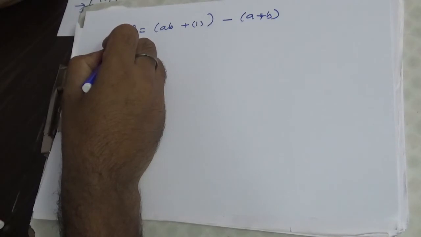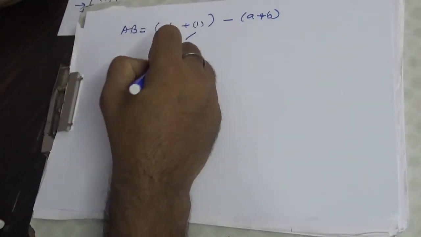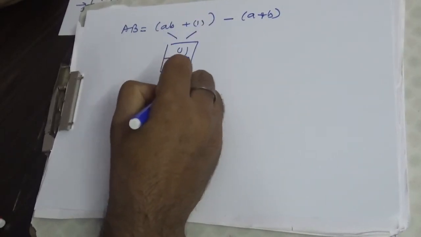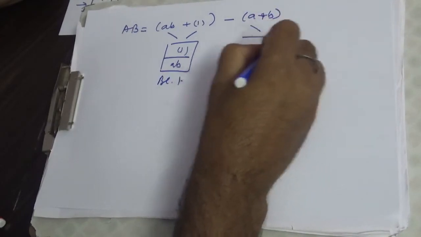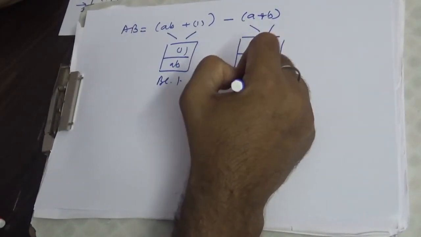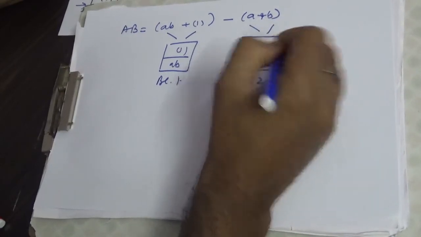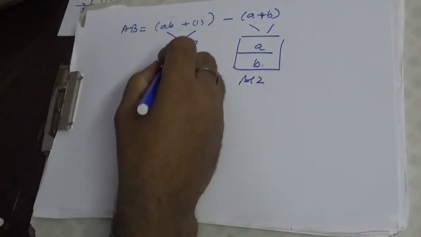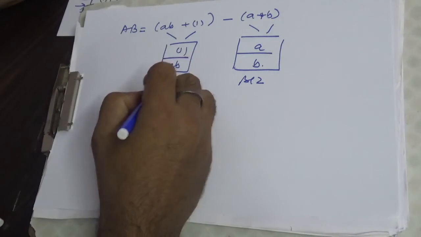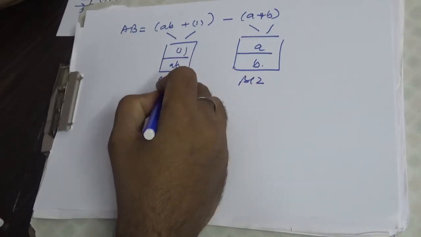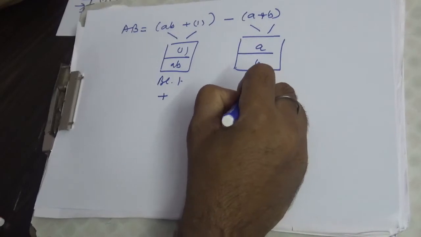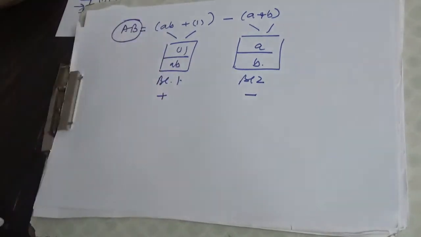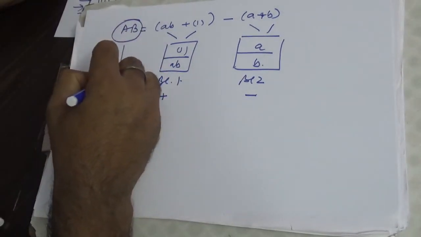So what I try to do is assign AB and 1 in block number 1, and I try to assign A and B in block number 2. In case I assign all the treatment combinations with plus sign in one block and all the treatment combinations with minus sign in another block, then the corresponding factor is getting confounded.